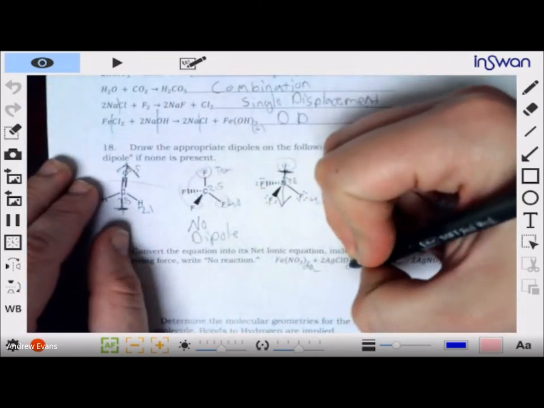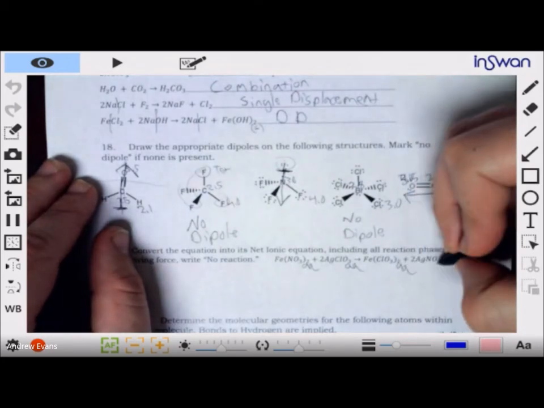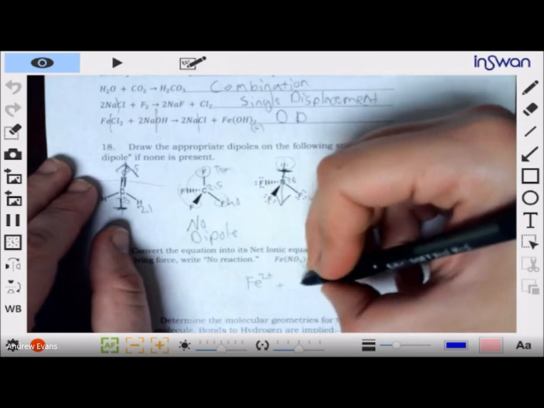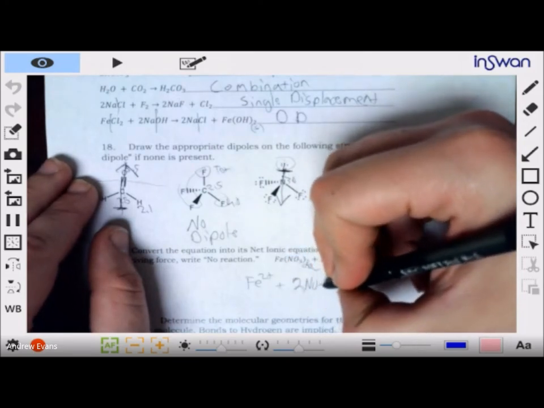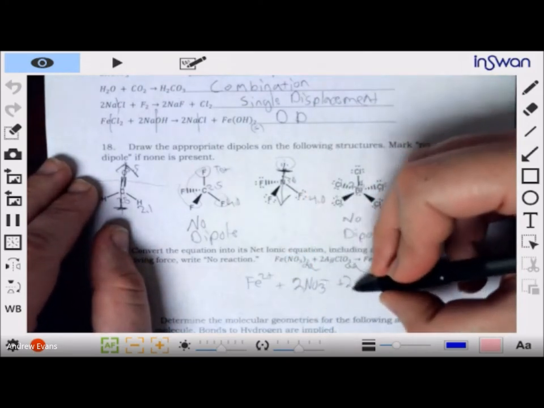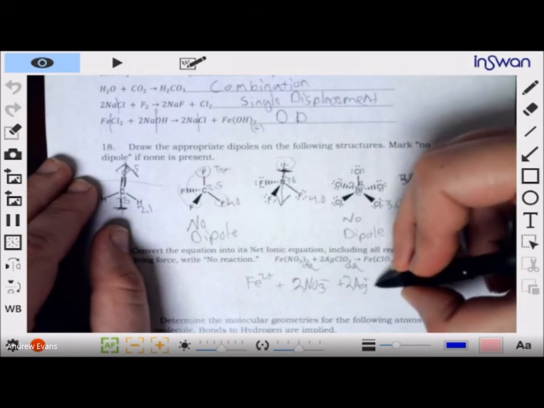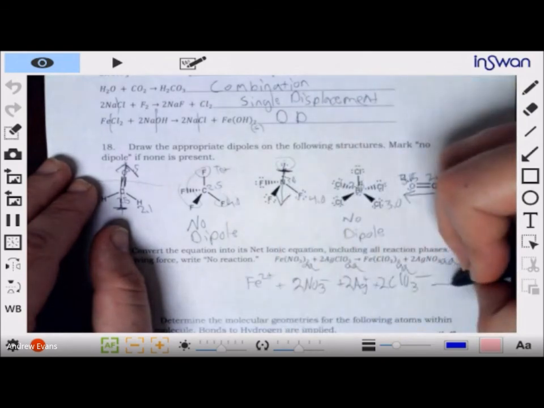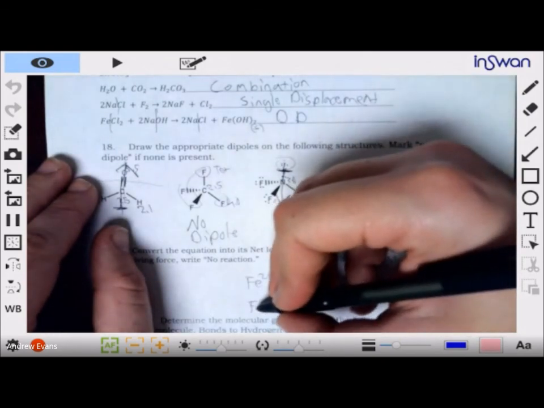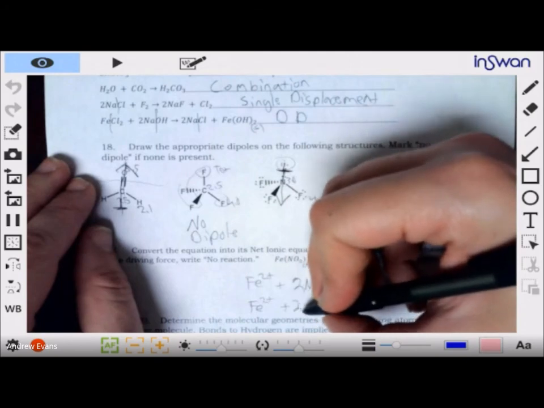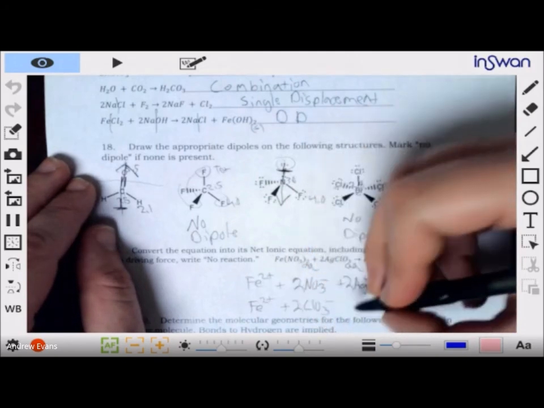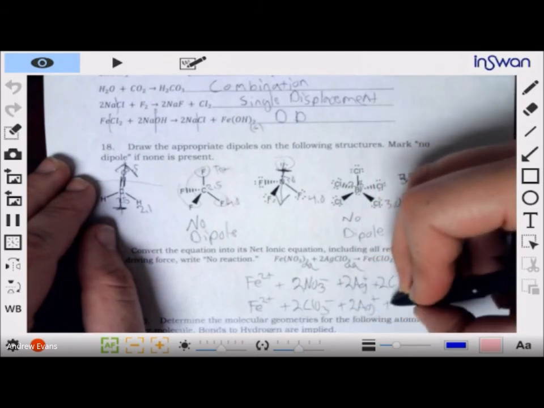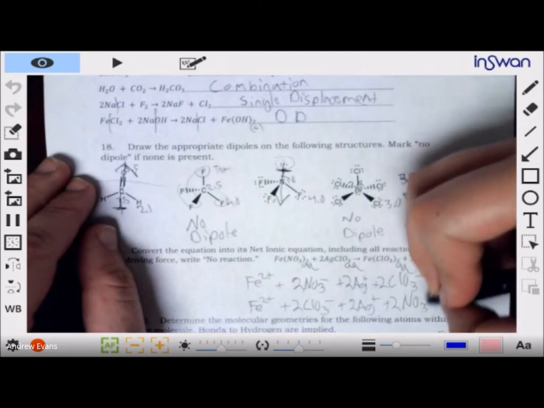Breaking this apart, you'd have Fe2 plus and 2 NO3 minus and 2 Ag plus and 2 ClO3 minus goes to Fe2 plus and 2 ClO3 minus and 2 Ag plus and 2 NO3 minus.